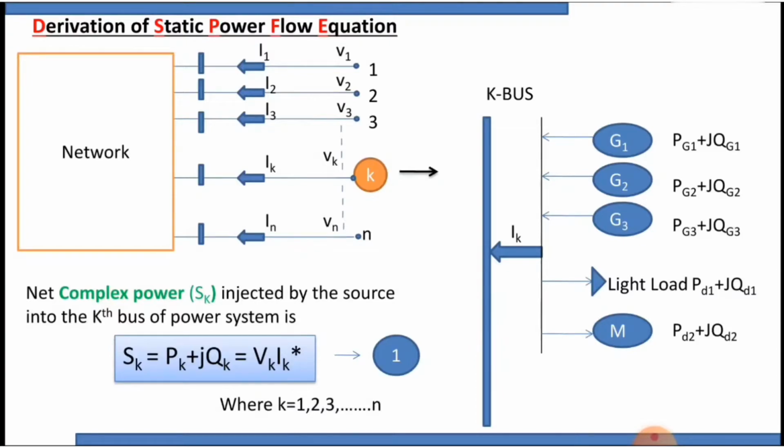This complex power is equal to V into I conjugate. We are considering the complex power for the kth bus. That's why the voltage and the current for the kth bus are represented as Vk and Ik conjugate, where k is equal to 1, 2, 3 and so on to n.